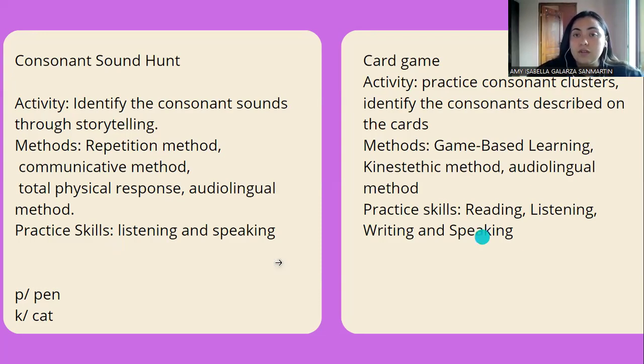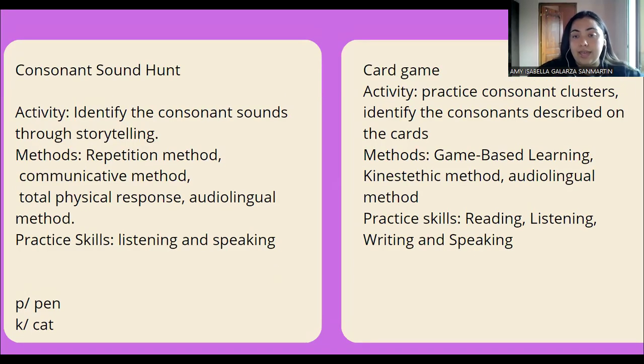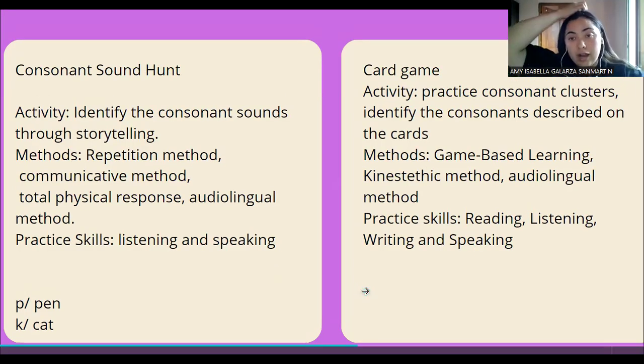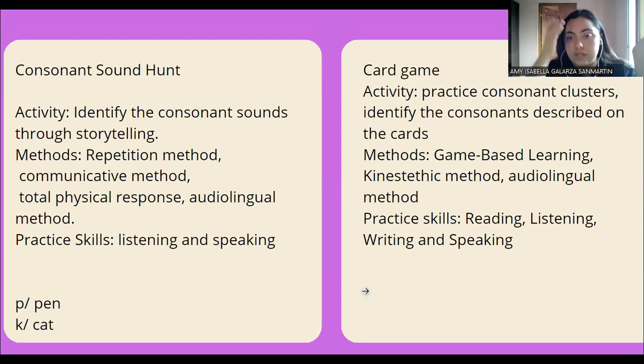And the second activity is a game called card game. It's with flashcards. In this practice, they need to practice the consonant clusters, identify the consonant, and describe it on the flashcards. In this activity, I'm going to give the students a group of flashcards.